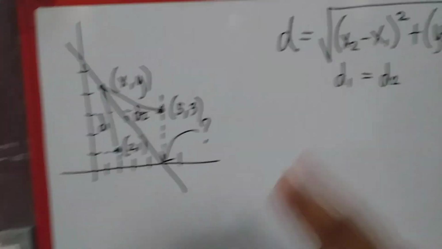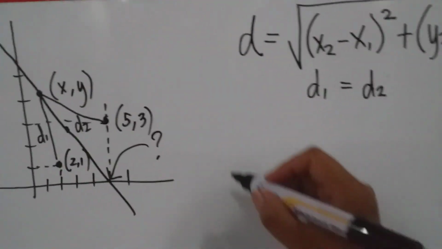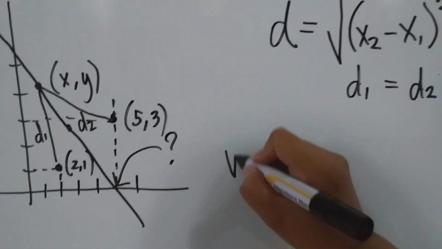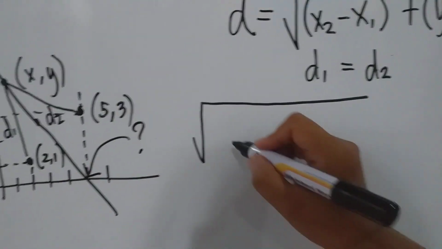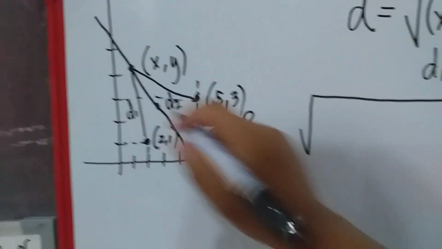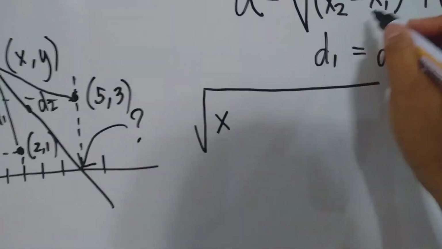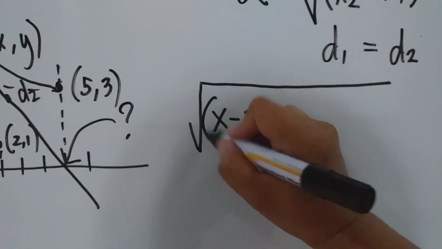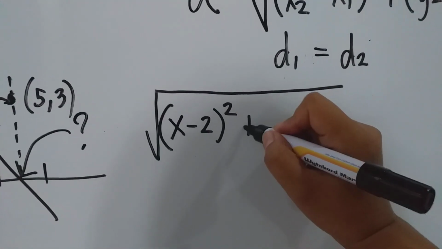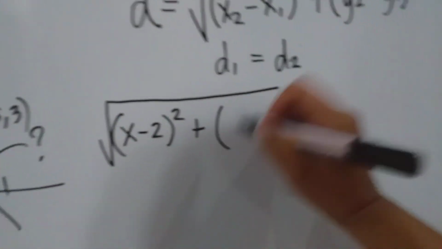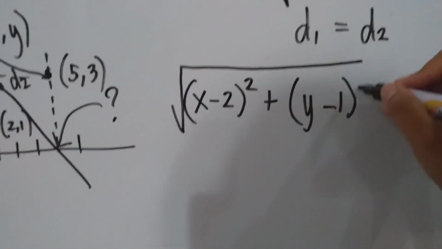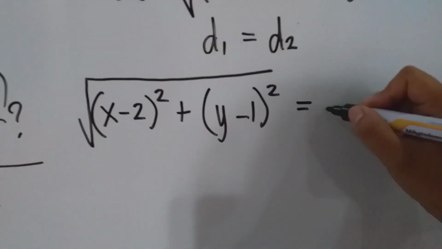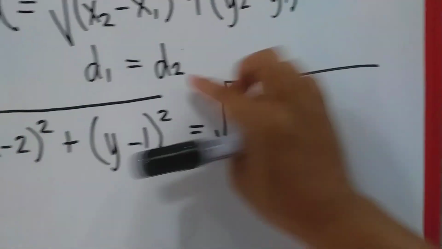Using the distance formula for D1, we have the square root of (x minus 2) quantity square, where x sub 2 is x and x sub 1 is 2, plus (y minus 1) quantity square, where y sub 2 is y and y sub 1 is 1, is equal to D2.